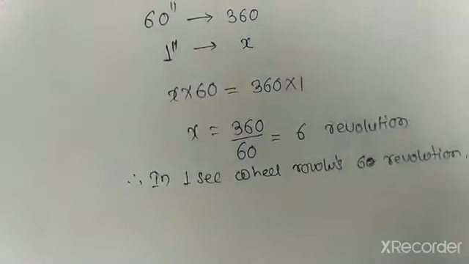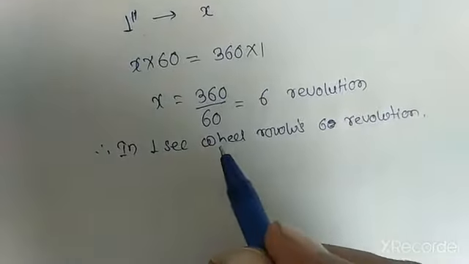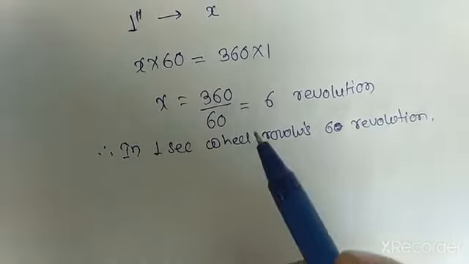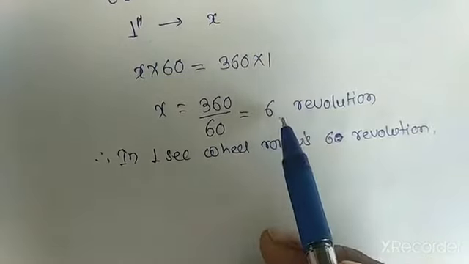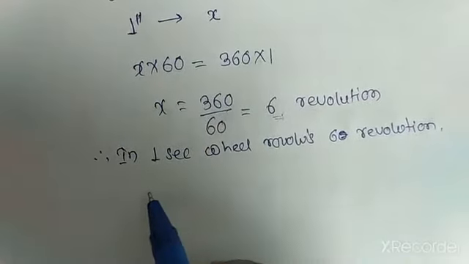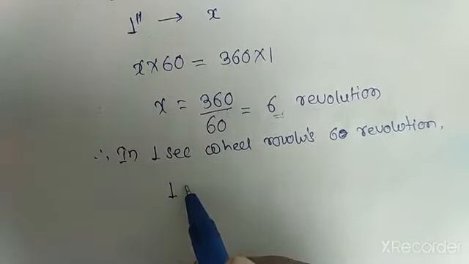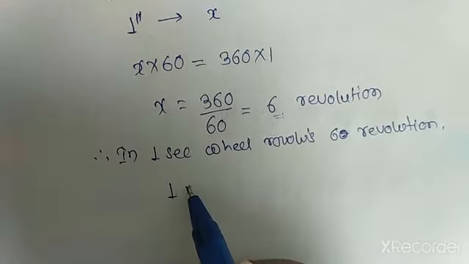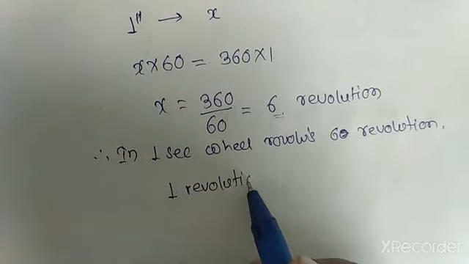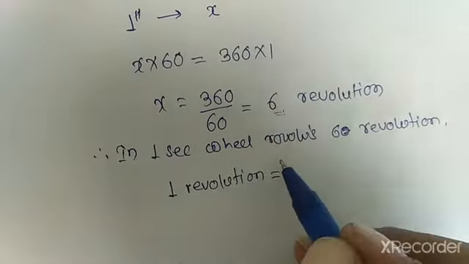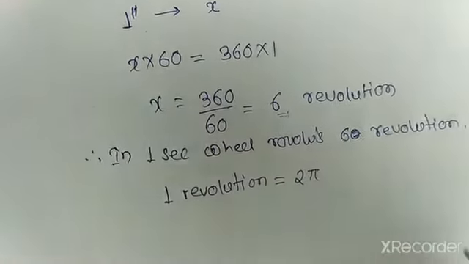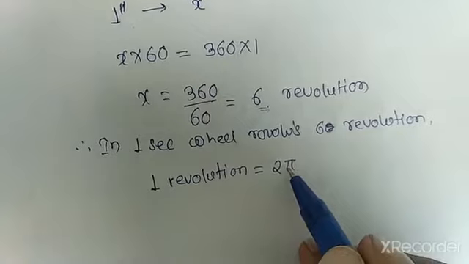Okay, now we have to find in radian. Here the question is through how many radian does it turn in 1 second. So we have to convert this revolution in radian. So we know that 1 revolution is equal to twice pi or 360 degree, but we need radian, so we take twice pi.